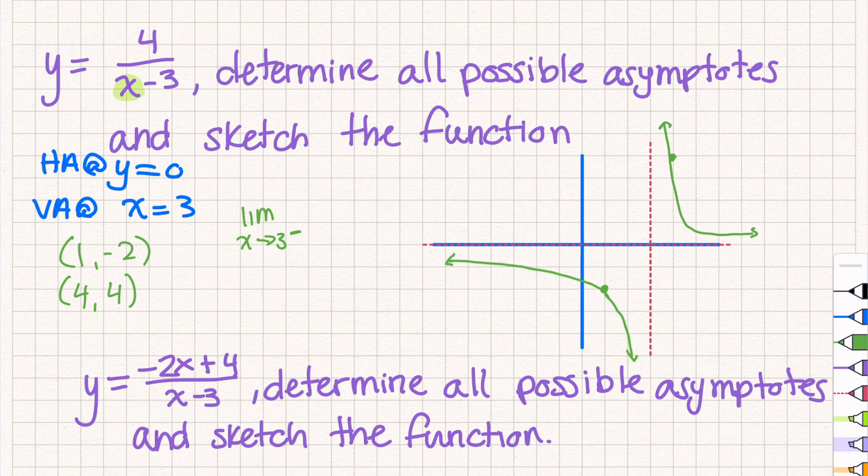So we would state that our function is going to approach negative infinity. What about if we approach the asymptote from the right side? As we approach from the right side, what happens? It's going to continuously increase, so positive infinity.